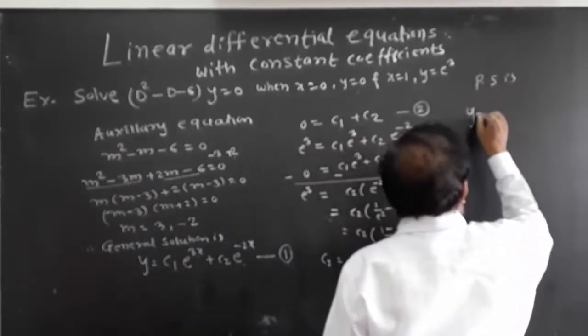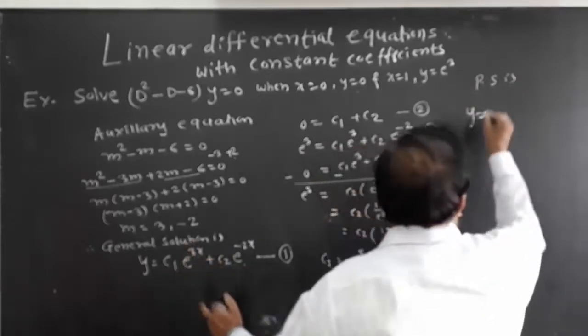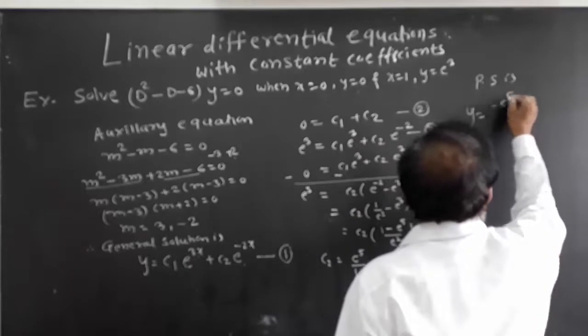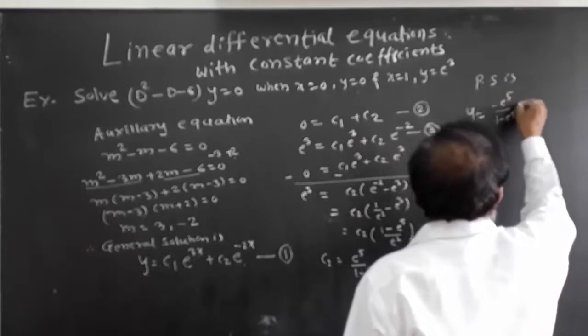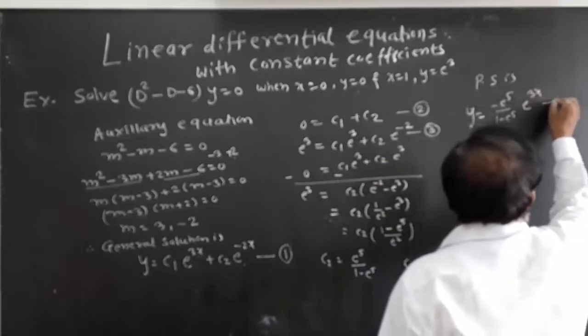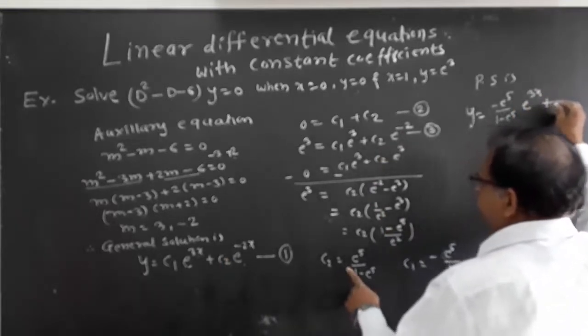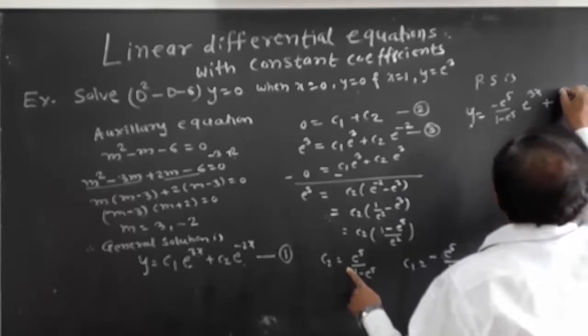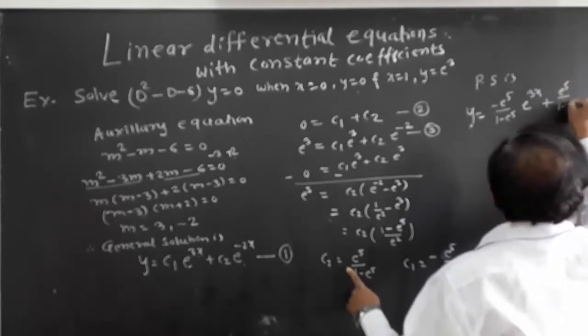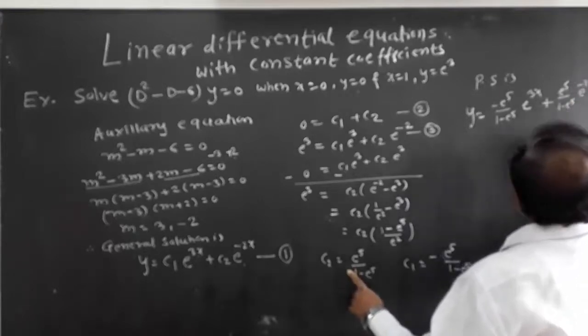y equal to c1, and c1 is minus e raised to 5 divided by 1 minus e raised to 5, into e raised to 3x, plus c2, and c2 is e raised to 5 divided by 1 minus e raised to 5, into e raised to minus 2x.